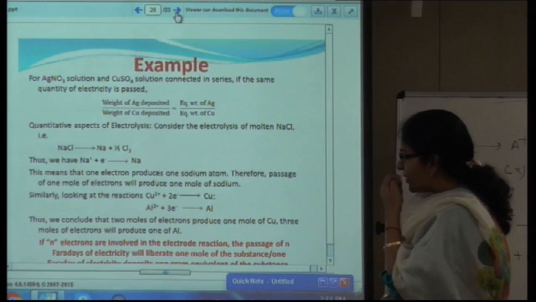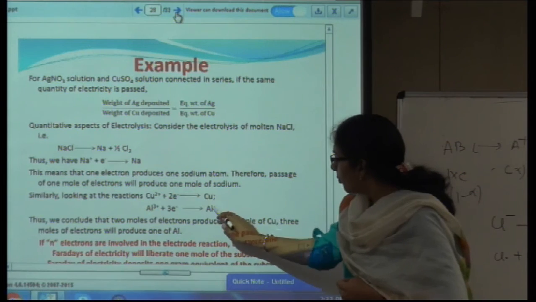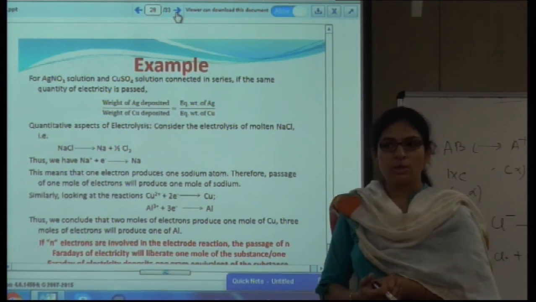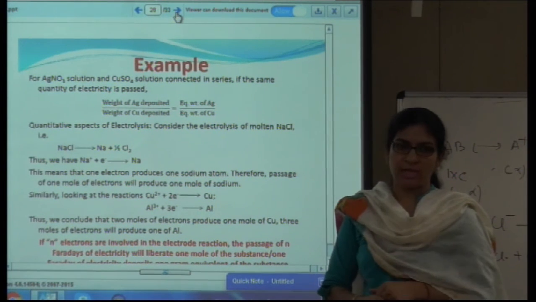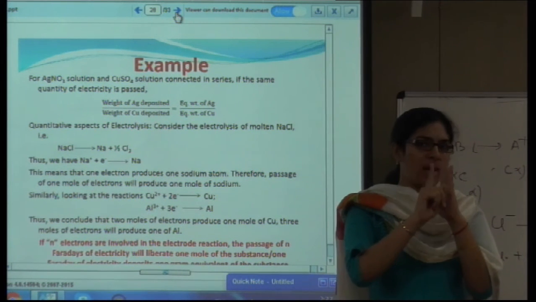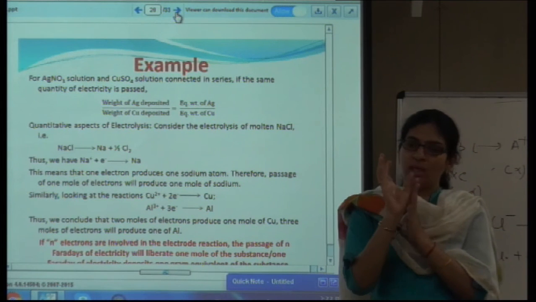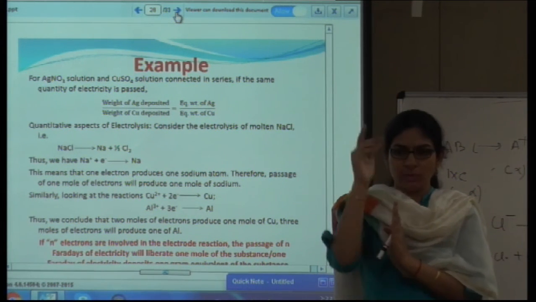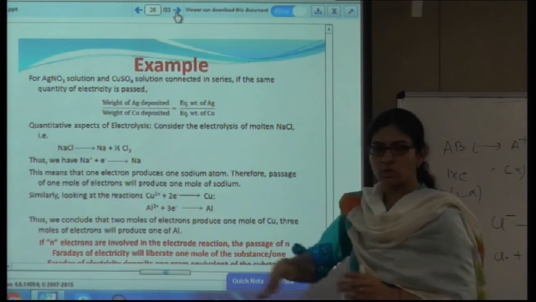But for copper, in order to deposit 1 copper atom, how many electrons do you require? 2 electrons. That means 2 Faradays of electricity is required. So if you pass 1 coulomb of charge, sodium deposited will be 1, but copper will be 1 by 2. And similarly, aluminium requires 3 electrons, so 1 by 3.